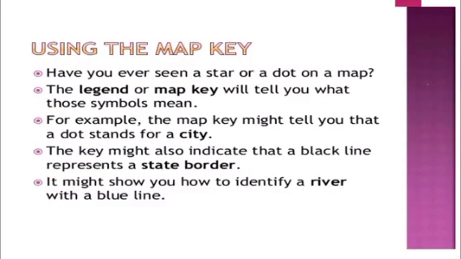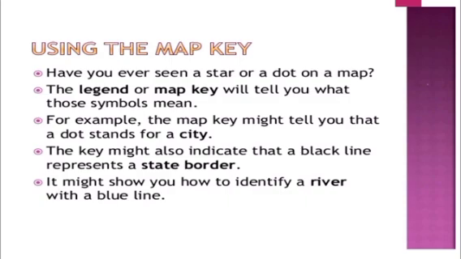Using the map key, have you ever seen a star or dot on a map? The legend or map key will tell you what those symbols mean. For example, the map key might tell you that a dot stands for a city.